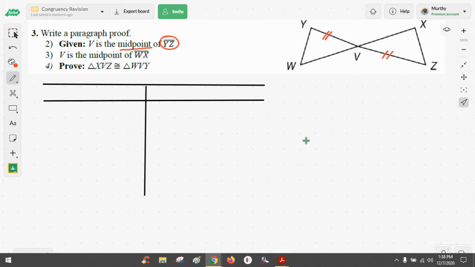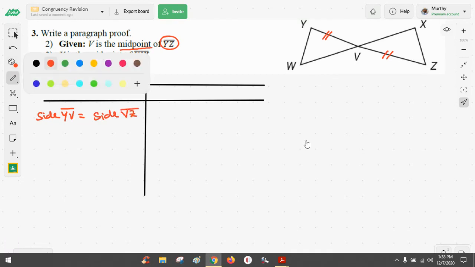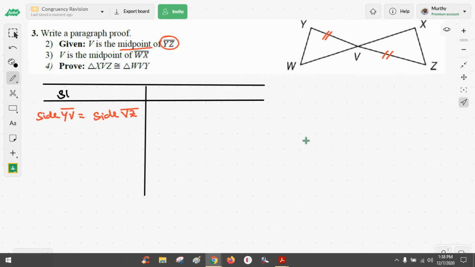So I can say that side YV equals side VZ. How do you know side VZ? Oops, I forgot to write the heading at the top. These are my statements. And here is the reason for that.